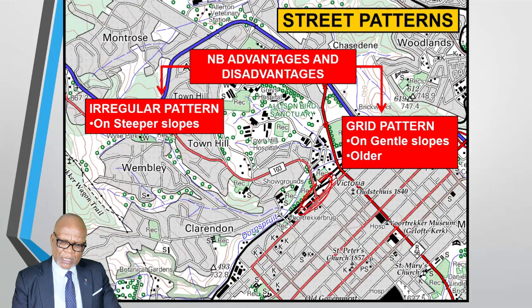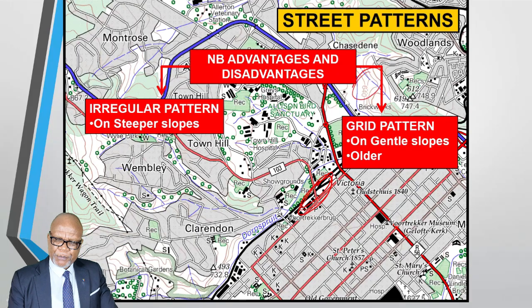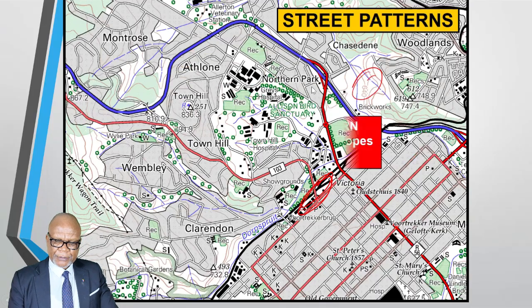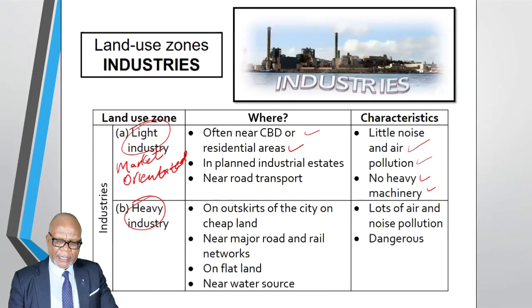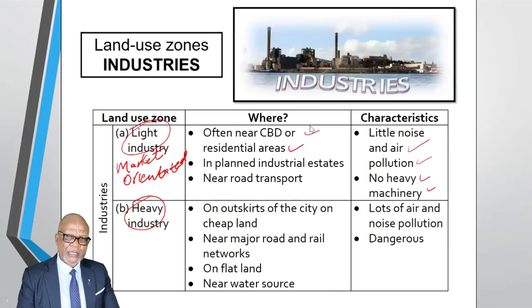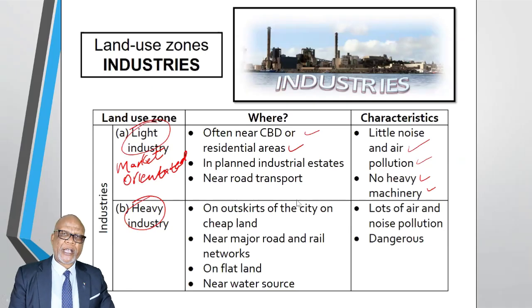So this will be the ideal place to build your heavy industry. It will be away, but now you cannot build it here because this area is steep. The heavy industries need flat and large land, they need the availability of water, and availability of a transport network.